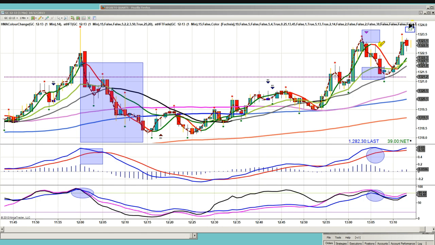But basically, we're looking for this alignment, and the alignment worked over here beautifully. If you were spot on and experienced and confident, and you got in here, you would have gotten your 3 ticks.